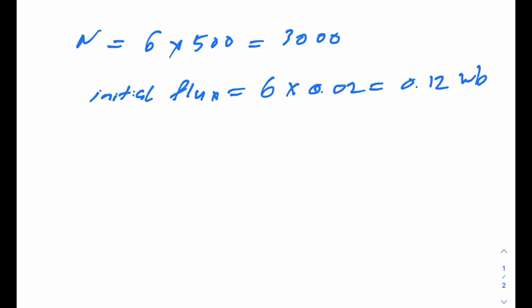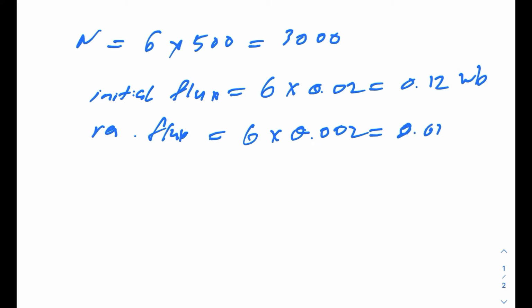Total residual flux is 6 poles multiplied by 0.002, the answer is 0.012 Weber.